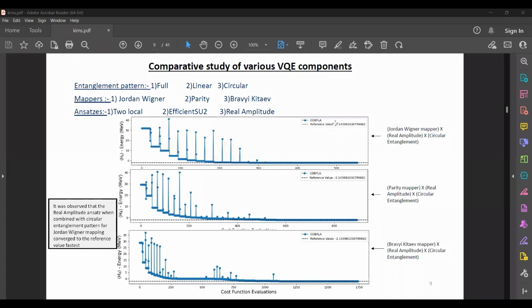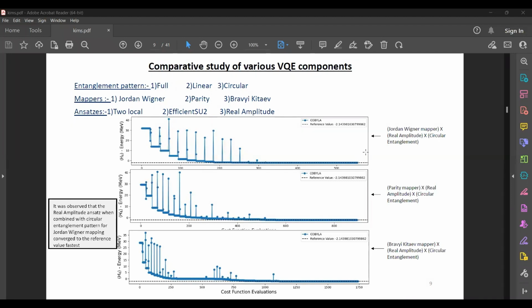So I took combinations of all of them to see for which combination we are getting the ground state energy faster. Like, we are changing the value of theta, right? We are changing the value of theta each time to give us an optimum result. So which combination takes the least amount of time to converge, or which combination is taking the least number of iterations to reach the reference value.